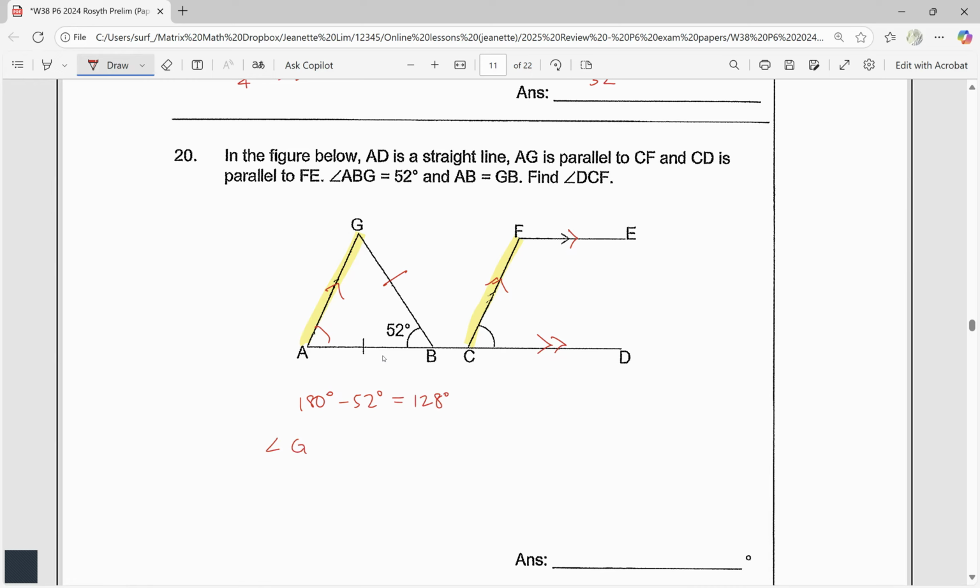So angle GAB would be 128 divided by 2. So this is 64, which means DCF is also 64 degrees because of corresponding angles. This angle here is the same as this angle here.